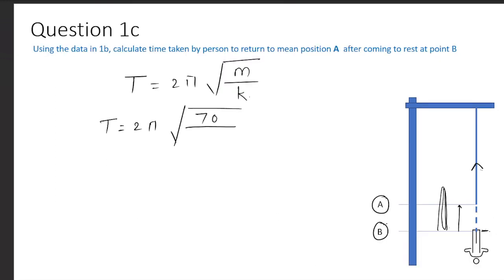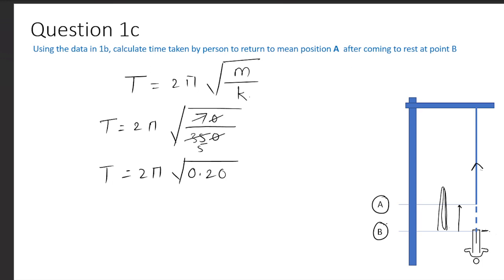So T is equal to 2 pi under root 70 by 350. Now I can cut this 0 and 0, and 7 5s are 35. Oh, great. So we will get T is equal to 2 pi under root 0.20, I think. Yes.